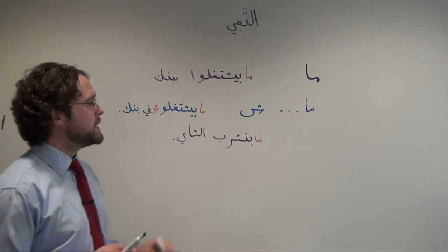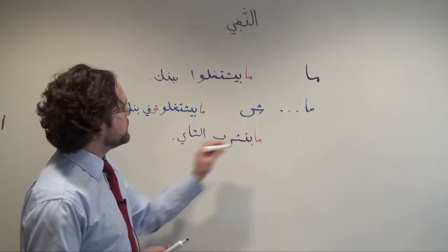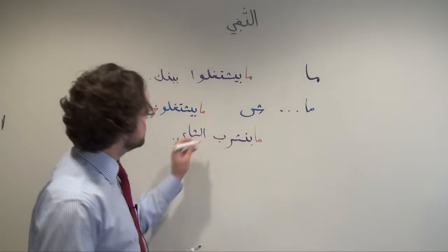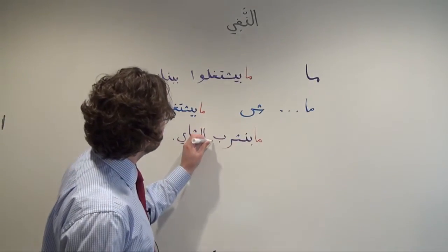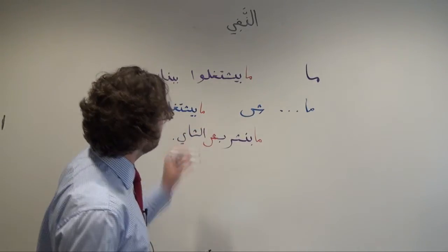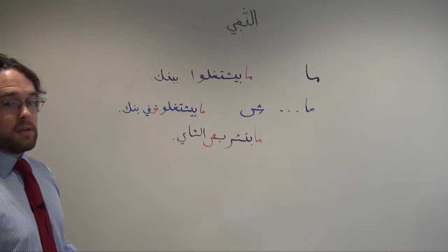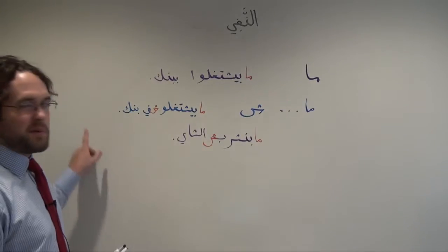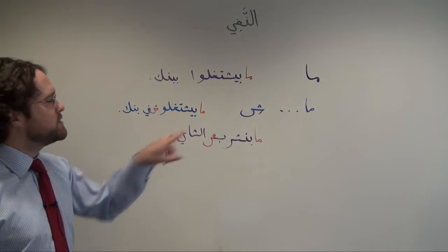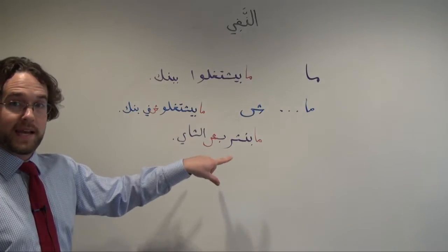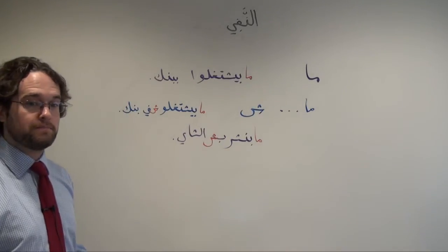We don't drink tea. And in Masri, once again, I would need to sandwich this conjugated verb in between a ma and a shin. ما بنشربش الشاي. Notice that we're not putting that sheen all the way at the end of the sentence. We're just sandwiching that verb that we're negating in between the ma and the shin.